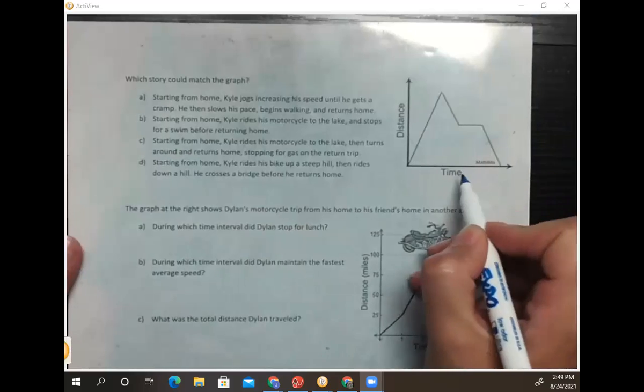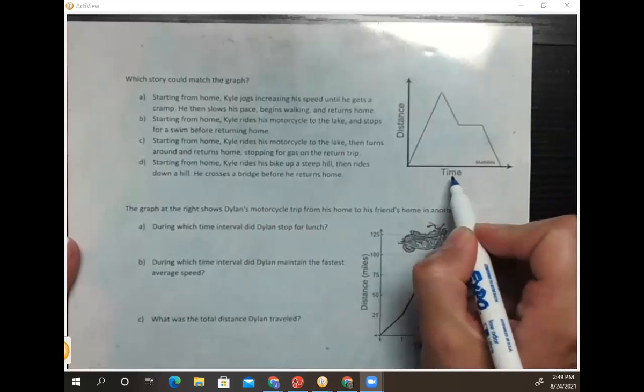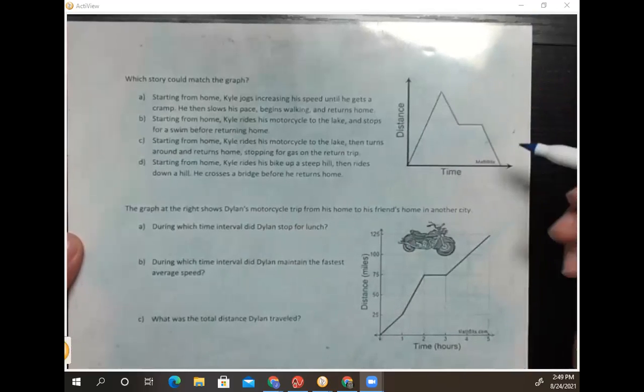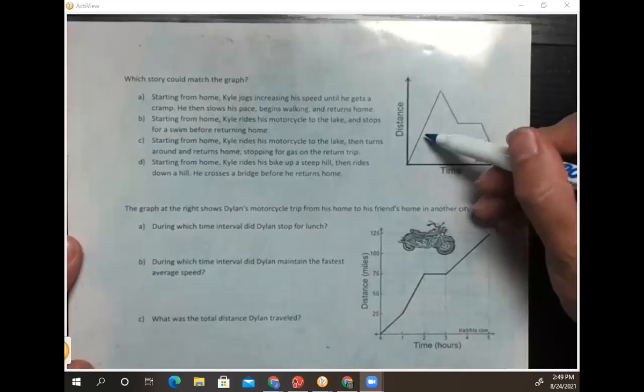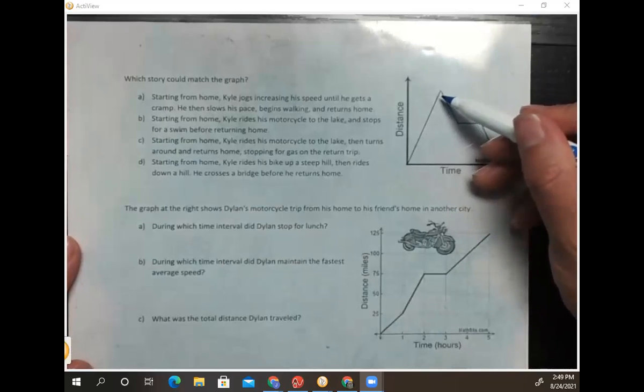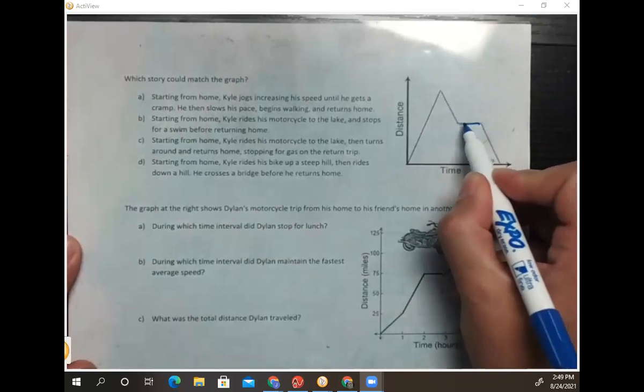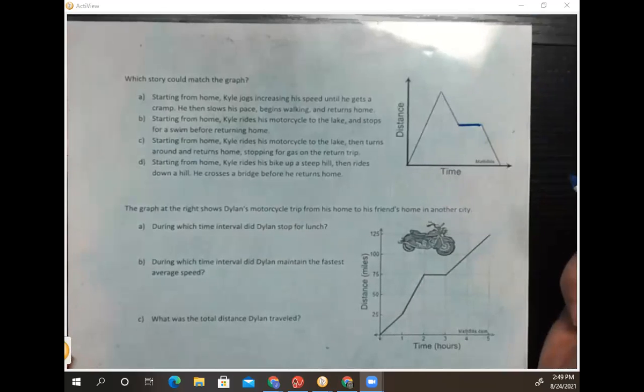Let's take a look at our graph first. So our x-axis is time, our y-axis is distance. As I look at what's happening here, over time, my distance goes up, then my distance comes down a little bit. Then what would this flat part here represent? Yeah, our distance isn't changing.